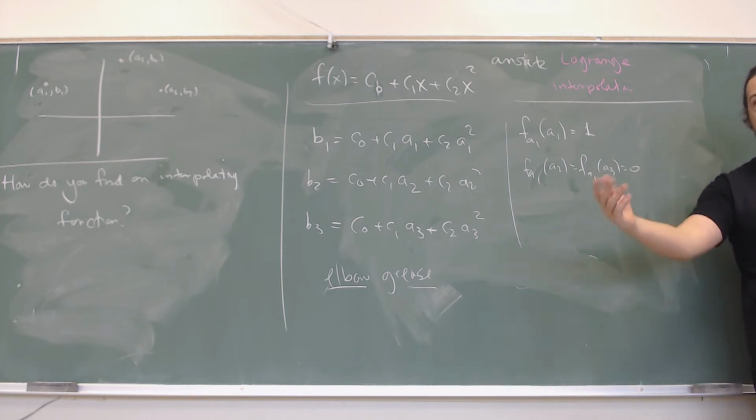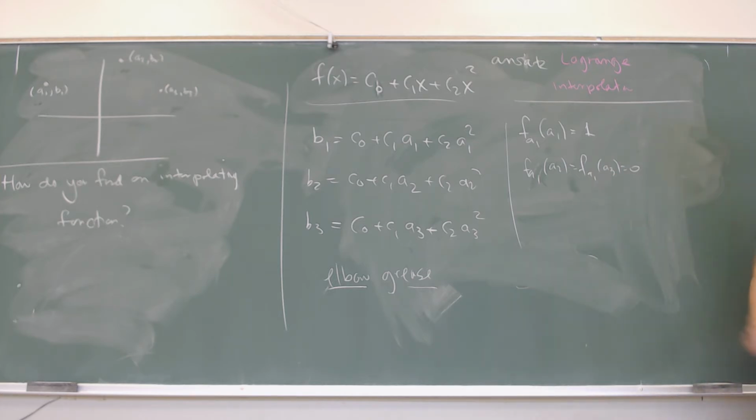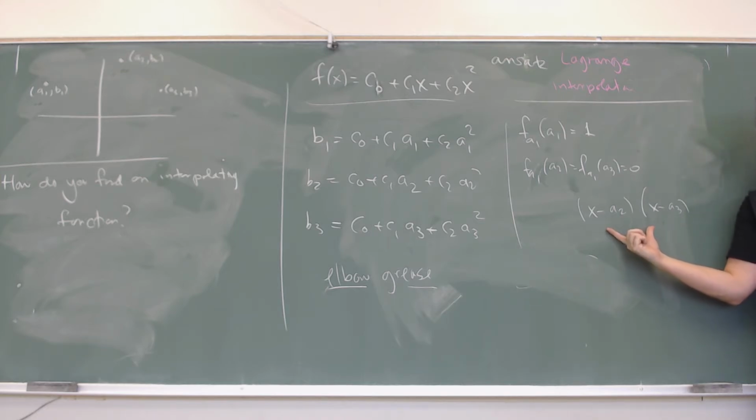And the answer is you just write down some linear terms, right? It would probably have the term x minus a2 in it, so that when you put in a2 it would disappear. And it would probably have x minus a3 in it, so that when you plug in a3 it will disappear, right? And then, if you took this expression and you plug a1 into it, there'd be some sort of value.